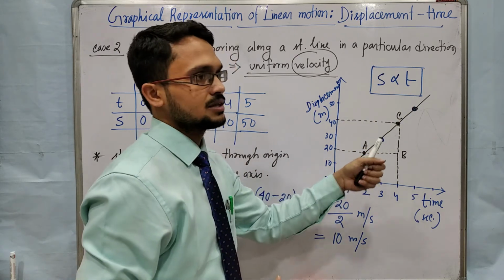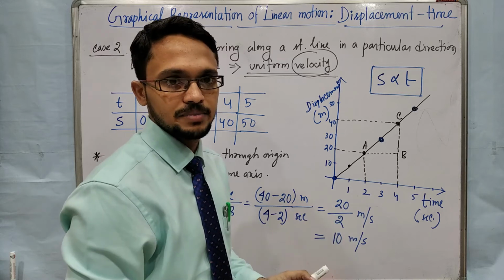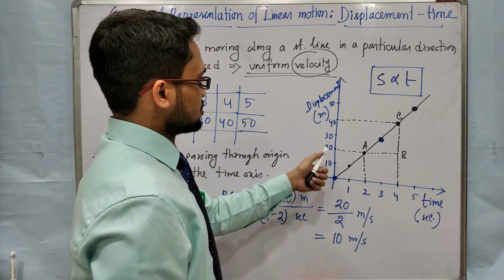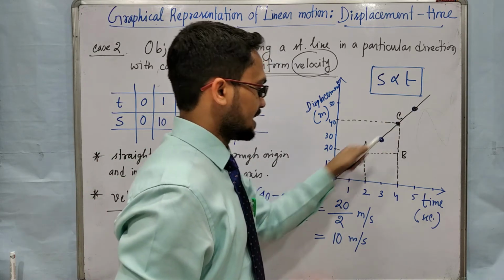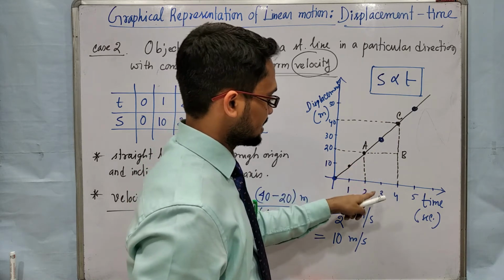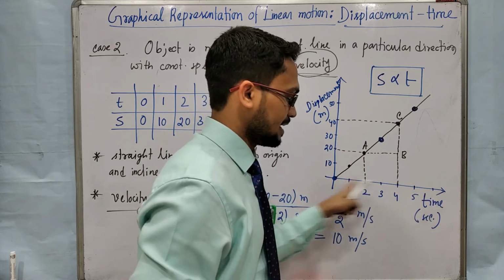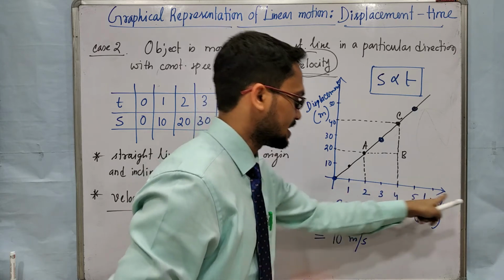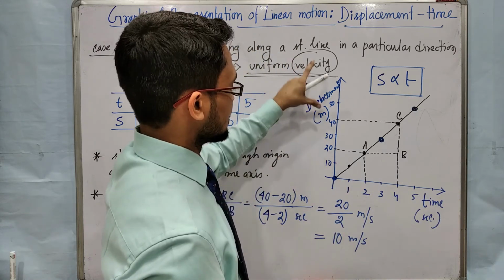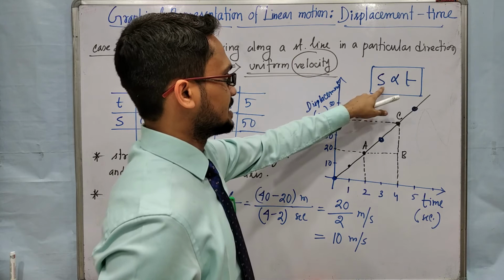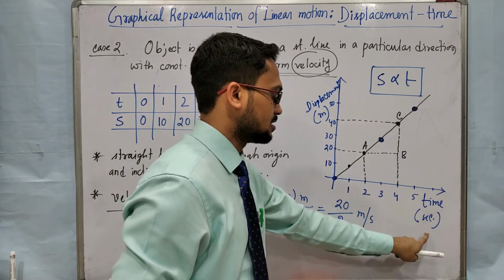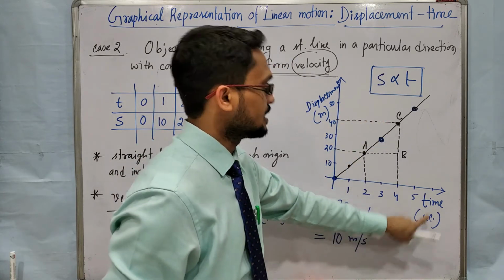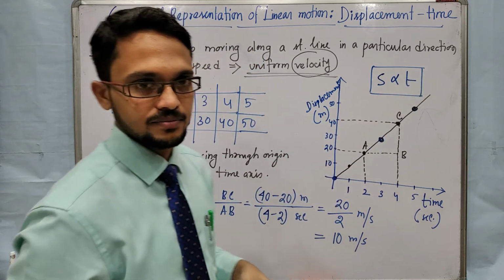One example of this we had done in the SHM simple pendulum. So whenever you get a straight line inclined with the x-axis, here the time axis, then the physical quantity along the y-axis, here displacement, is directly proportional to the physical quantity along the x-axis, here t.